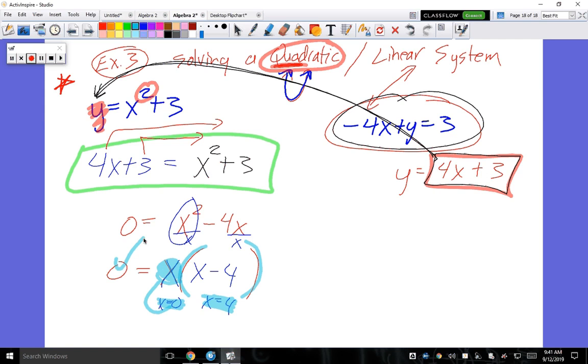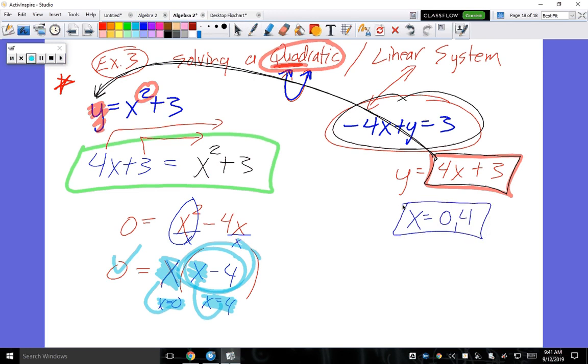Watch it one more time with the other one. If this is 4, then 4 minus 4 is 0, and 0 times anything is 0. Y'all with me? So my two answers are x is equal to 0 and 4.